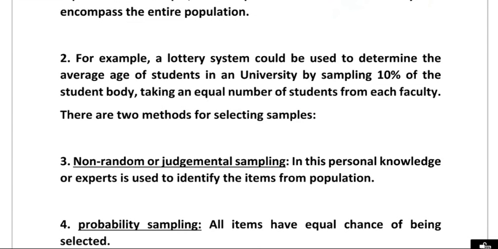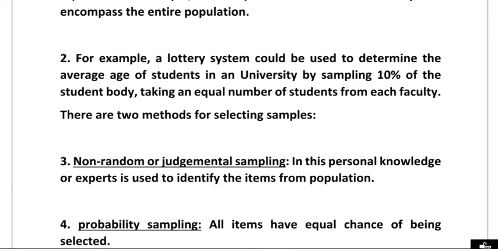We can take one example here. For example, a lottery system could be used to determine the average age of students in a university by sampling 10% of the student body, taking an equal number of students from each faculty. So this is one of the methods.